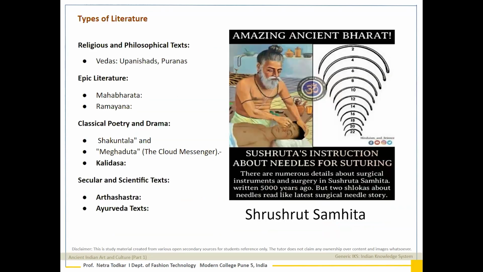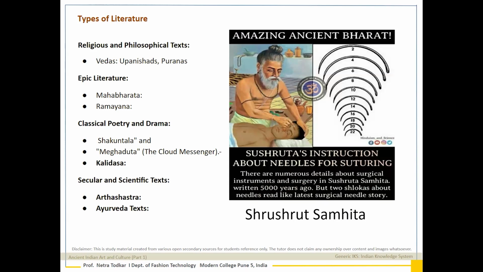Types of literature: religious and philosophical texts like Vedas, Upanishads, Puranas; epic literature of ancient India like Mahabharata, Ramayana; classical poetry and drama like Shakuntala and Meghdut, the Cloud Messenger, written by Kalidas; and secular and scientific texts like Arthashastra and Yajurveda texts.